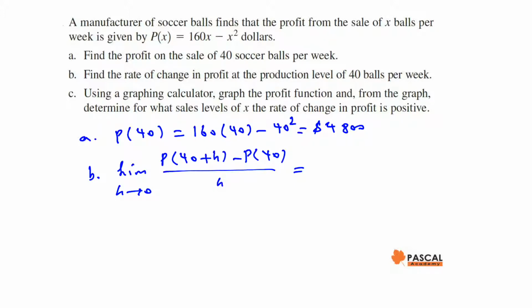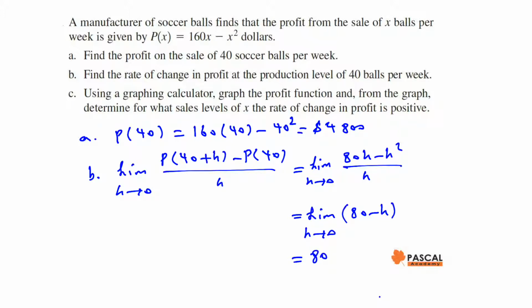If we calculate P of 40 plus h minus P of 40, we have 80h minus h^2. Therefore, the instantaneous rate of change would be the limit of 80h minus h^2 divided by h as h approaches 0, which is the same as the limit of 80 minus h as h approaches 0. That is 80. This means the rate of change of profit is $80 per ball.